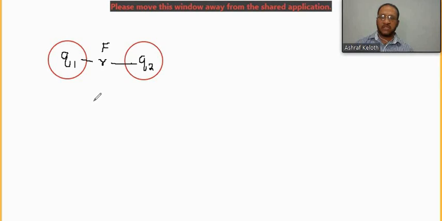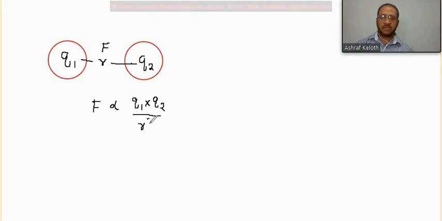According to Coulomb's law, this force F between the two bodies is directly proportional to the product of the two charges, Q1 into Q2, and inversely proportional to the square of the distance between the two charges, that is R square.